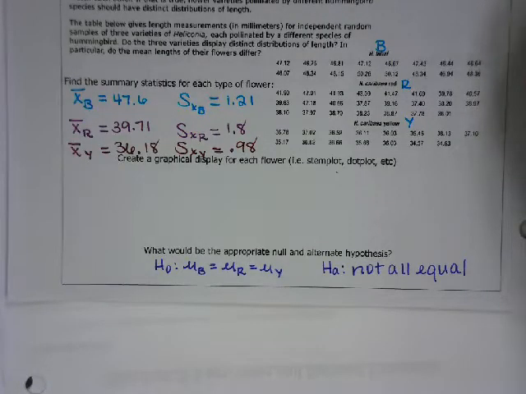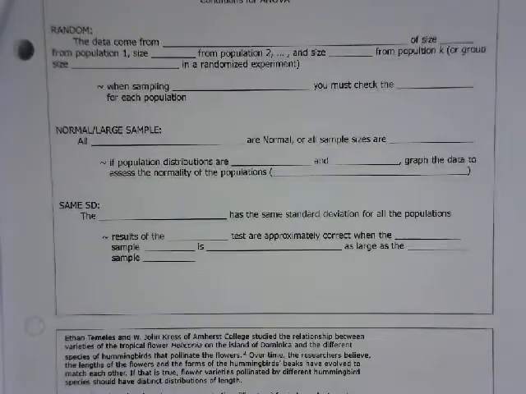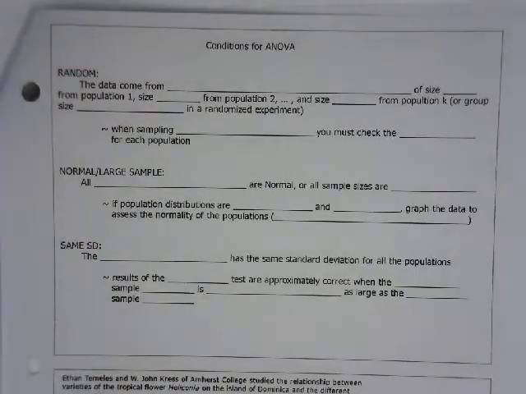All right, so there are certain conditions that have to be met so we can do our ANOVA test. The first one is random.